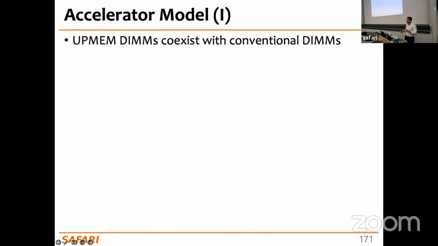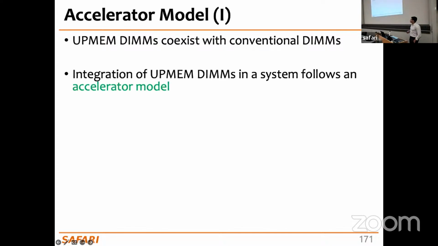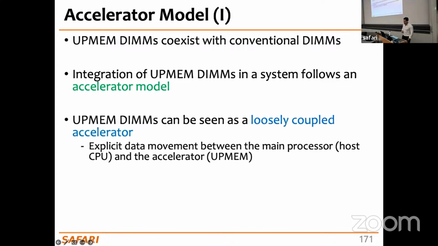So they are going to follow an accelerator model where the UPMEM DIMMs coexist with conventional DIMMs used as memory for your host system. In particular, it is what's called a loosely coupled accelerator. A loosely coupled accelerator is any accelerator that requires explicit data movement between the host memory and whatever memory the accelerator has.